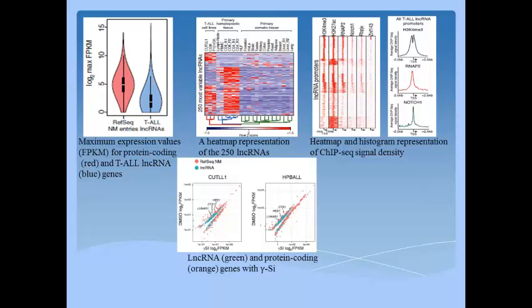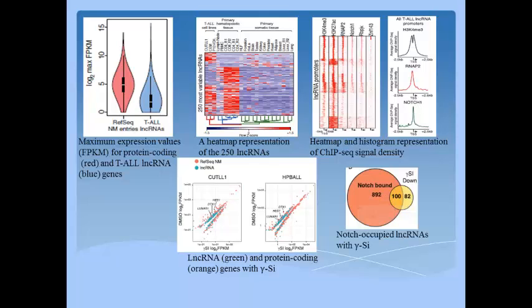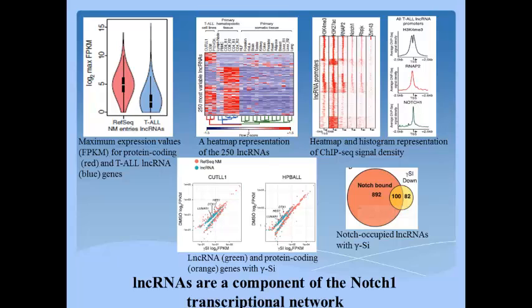In addition to protein coding genes, many lncRNA genes were differentially expressed upon gamma secretase inhibitor treatment that knocks down Notch1 signaling. Approximately 55% of lncRNAs whose expression was Notch dependent were directly occupied by Notch1.